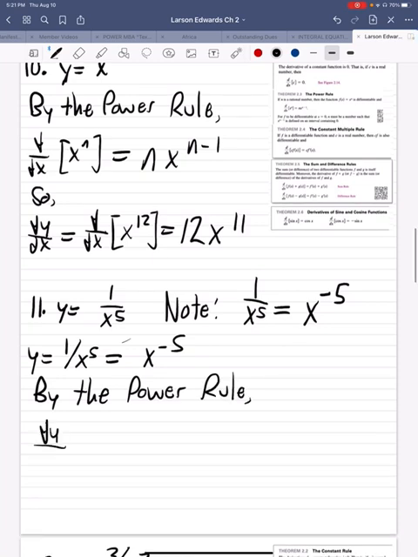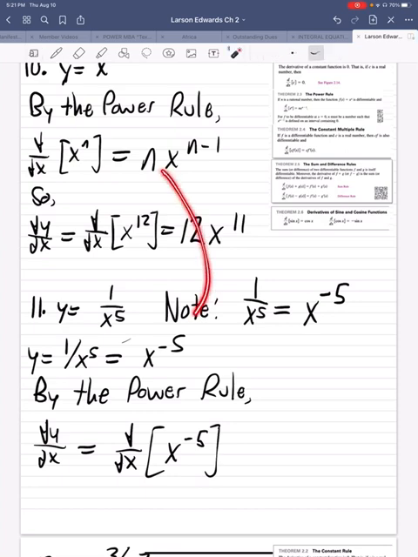dy dx is equal to the derivative with respect to x of x to the negative 5 now. And now once again, as we've always seen, how do you take the derivative of a polynomial of x? You take the power and you put it in front.